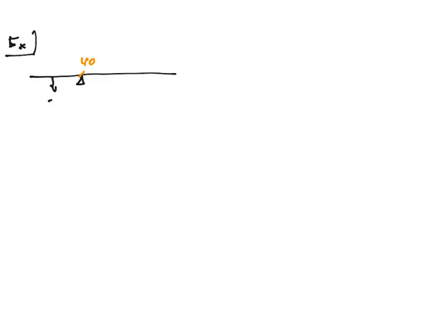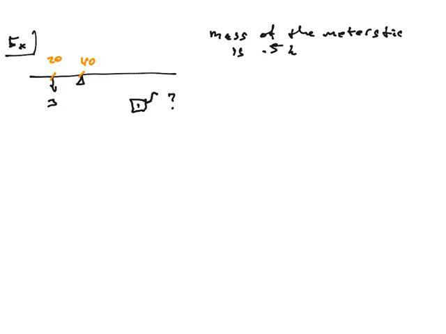I place a mass of 3 kilograms at the 20, and I want to know, if I have a little mass, here it is here, and that mass is 1 kilogram, I want to know where I should place it if the mass of the meter stick is, let's say, 0.5 kilograms.